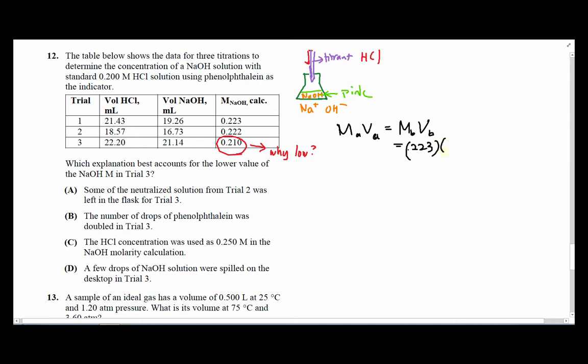So you have 21.14 milliliter, and then let's also assume that the concentration of hydrochloric acid was accurate, so you have 0.200 molar. And then since this is our titrant, let's find the volume of this by dividing both sides by the 0.200 molar.